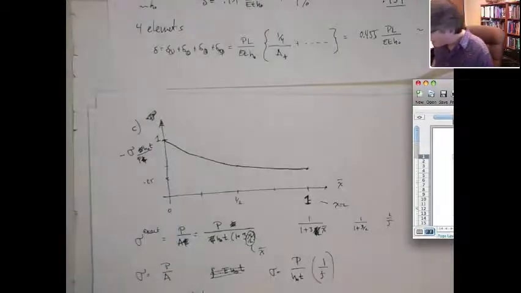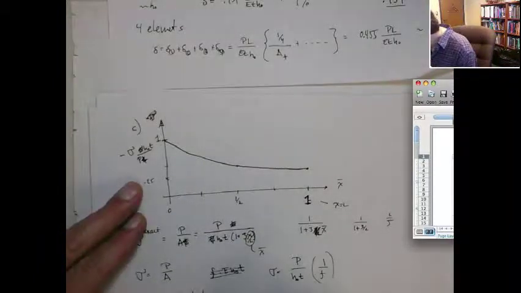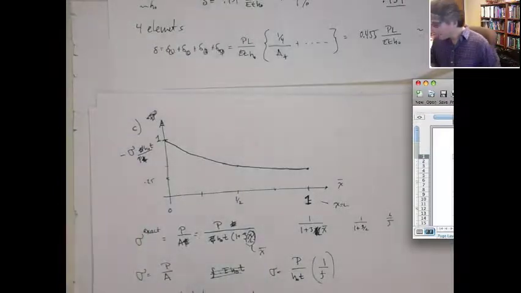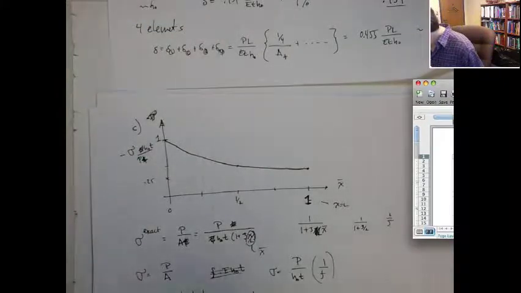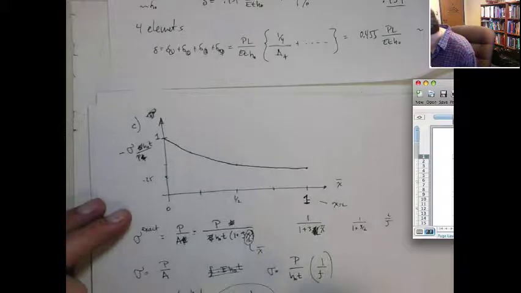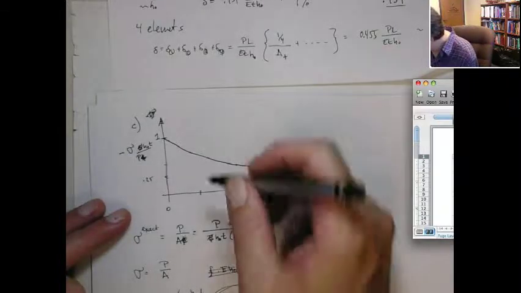And the factor is going to be 1 over 1 plus 3x bar at the midpoint of each element, okay? So that means the stress will actually match at those points.